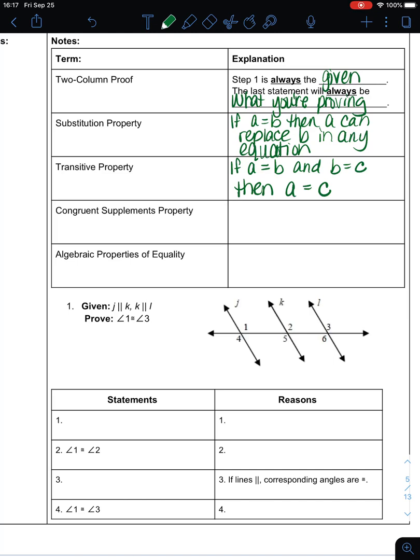Okay, so then we have the congruent supplements property, which is kind of similar to the transitive property, but it says this. So remember that supplements are angles that add to 180 degrees.